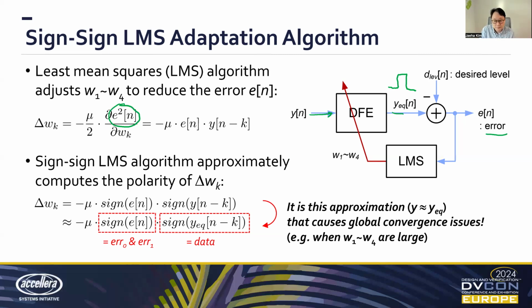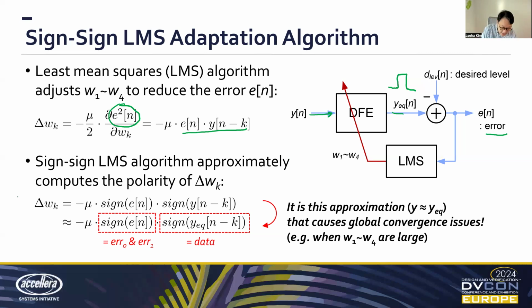to reduce it. In this setting, the derivative of the error square can be simply expressed as a product between the current error and the input that arrived k bits earlier, y of n minus k. And the sign-sign LMS algorithm simplifies it in order to reduce the required hardware.